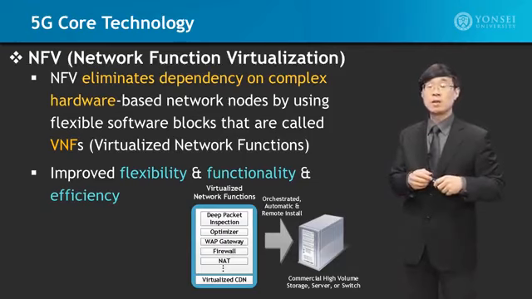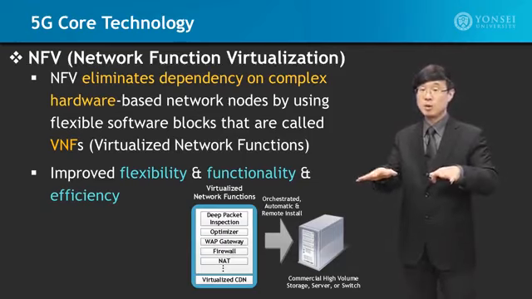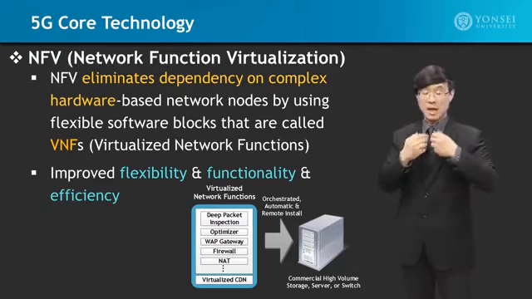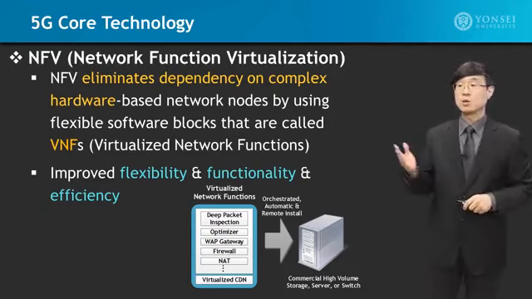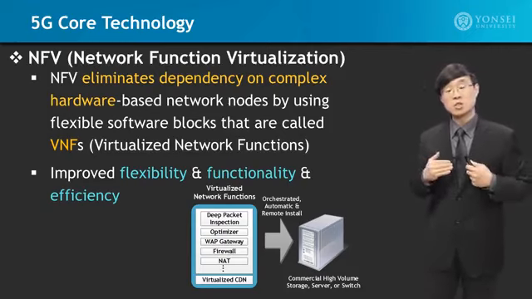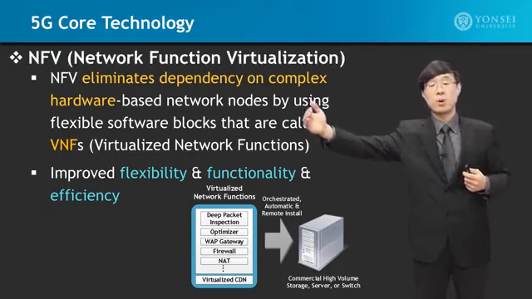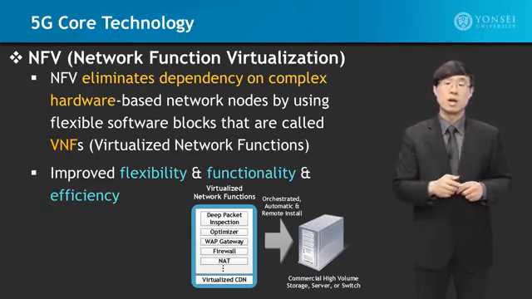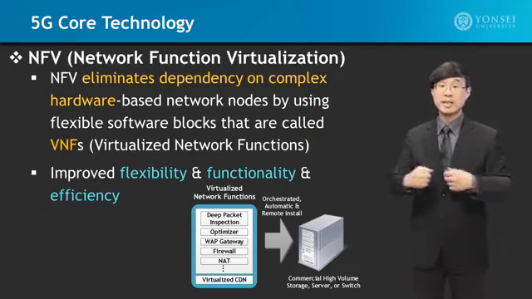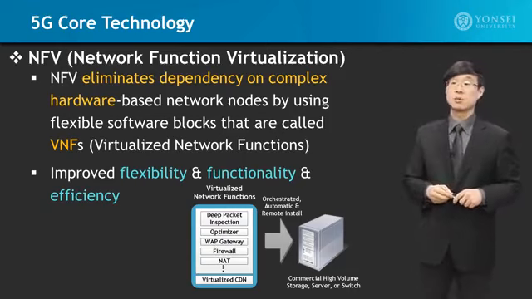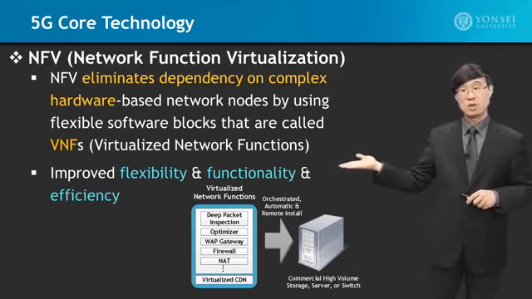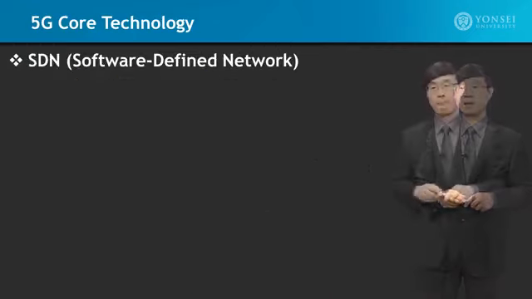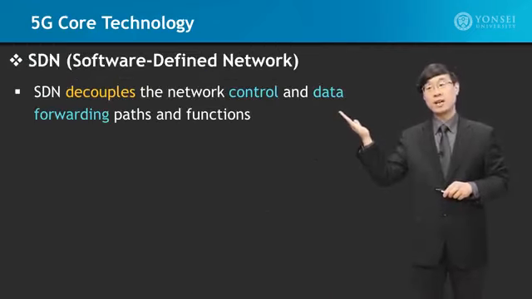So therefore, the network is flat and it's distributed, so you go collect what you need and you put it together and execute it. So therefore, you do not need to make a certain turn point to go somewhere, and then go somewhere, and then go somewhere to get your functionalities. You collect it, chain it, and then you use it. So therefore, you get these features of flexibility, functionality, and efficiency.